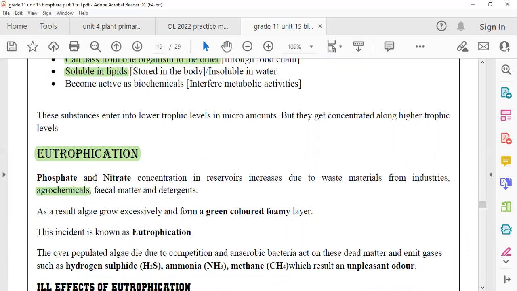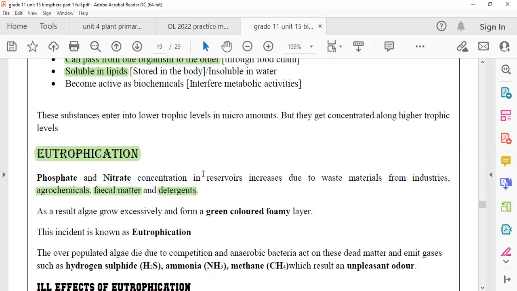Nitrogen fertilizers have nitrate. Phosphate fertilizers have phosphate. Next they are telling about fecal matter, feces. It is rich in phosphate. Third, it is telling about detergents. It is also rich in phosphate.